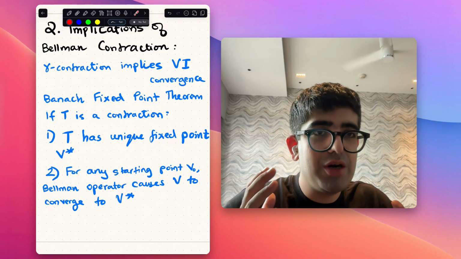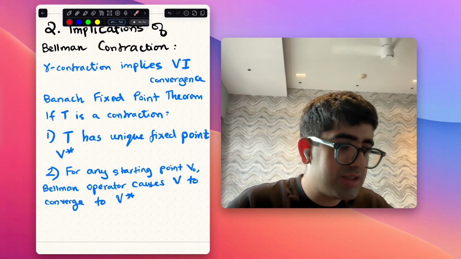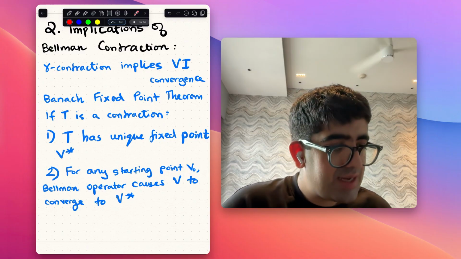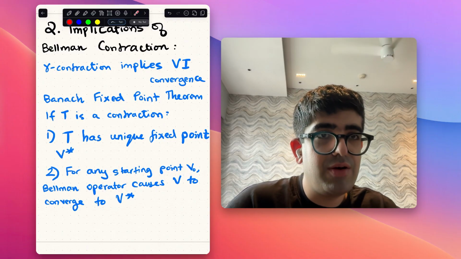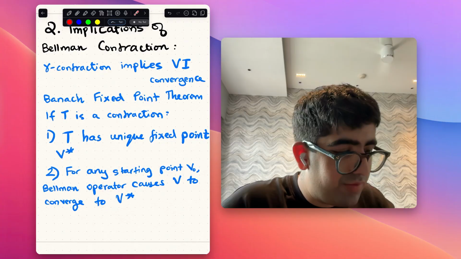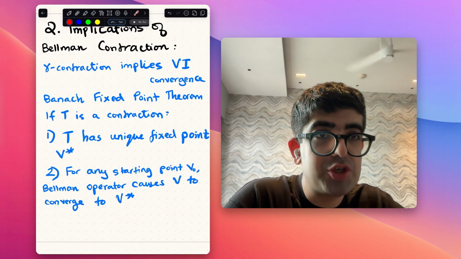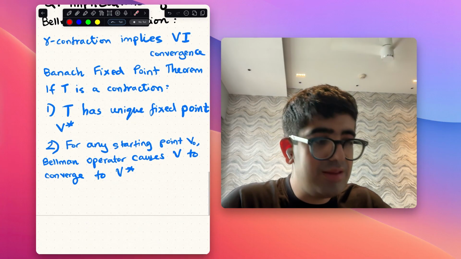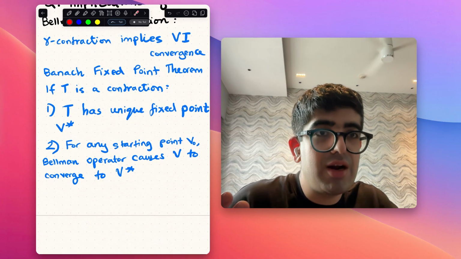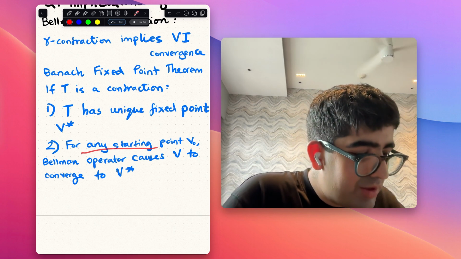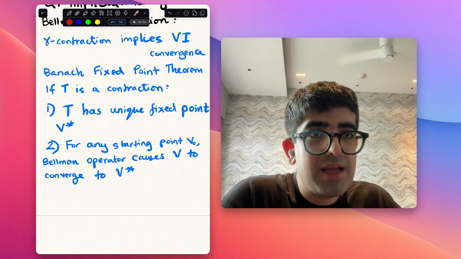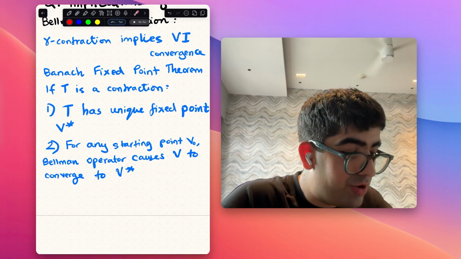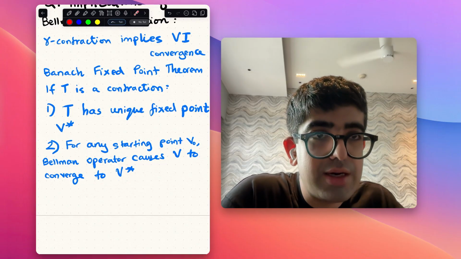That's actually pretty remarkable, because what this means in the context of value iteration is that we're guaranteed to have an optimal fixed point called V star, which is the optimal value function that we converge towards. And no matter the initialization or our starting point, the Bellman operator guarantees that the value function will converge to this fixed optimal point.